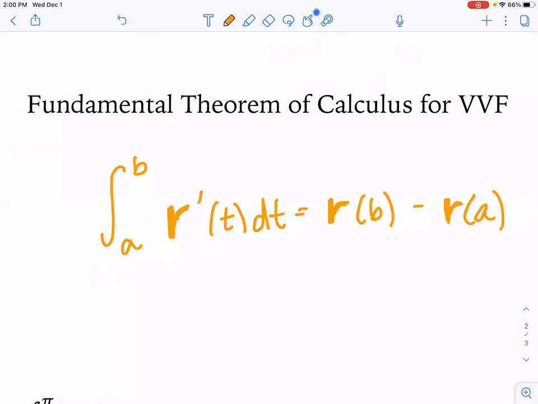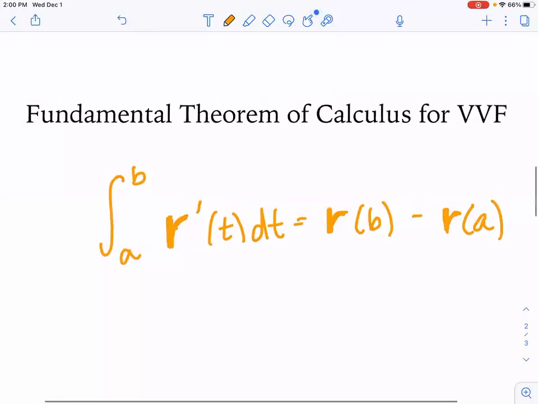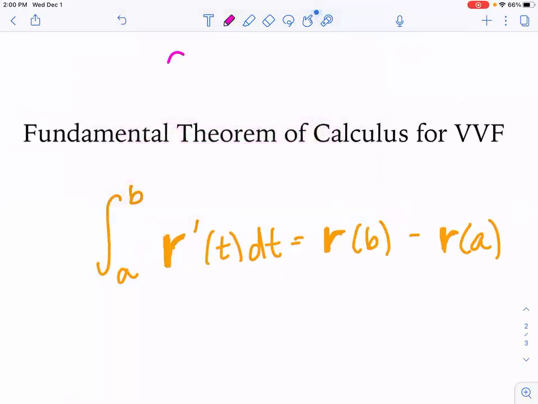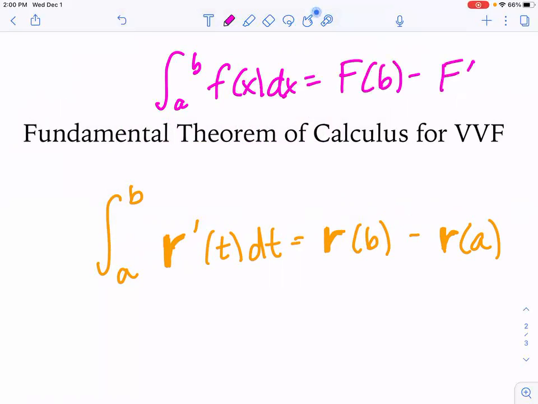So the fundamental theorem of calculus for just normal things is this. Okay.